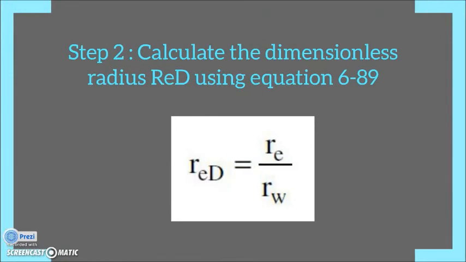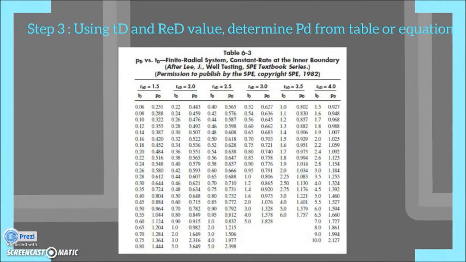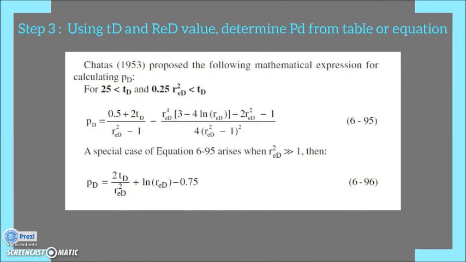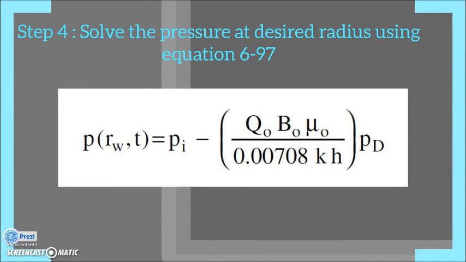Second, since pD is a function of time and radius, we need to calculate r_eD, which is the external radius over the wellbore radius. The third step, we can determine pD from this table or from the following equation. Lastly, solve for the pressure at the desired radius using equation 6.97.